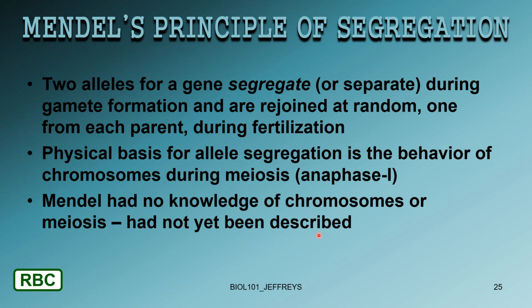But he realized that something was going on with these discrete factors: flower color, plant height, pea color, pod shape. He understood what was going on there, even though he didn't know anything about genetics.